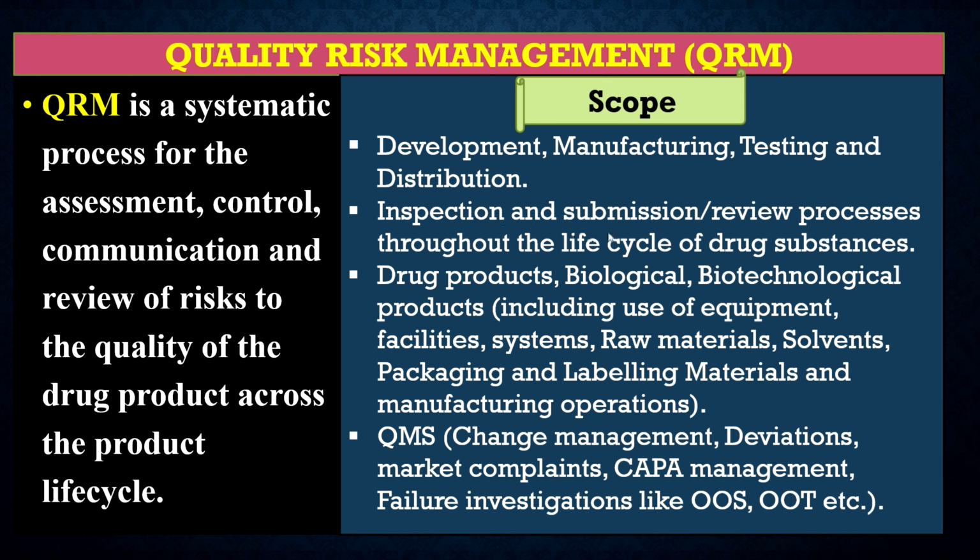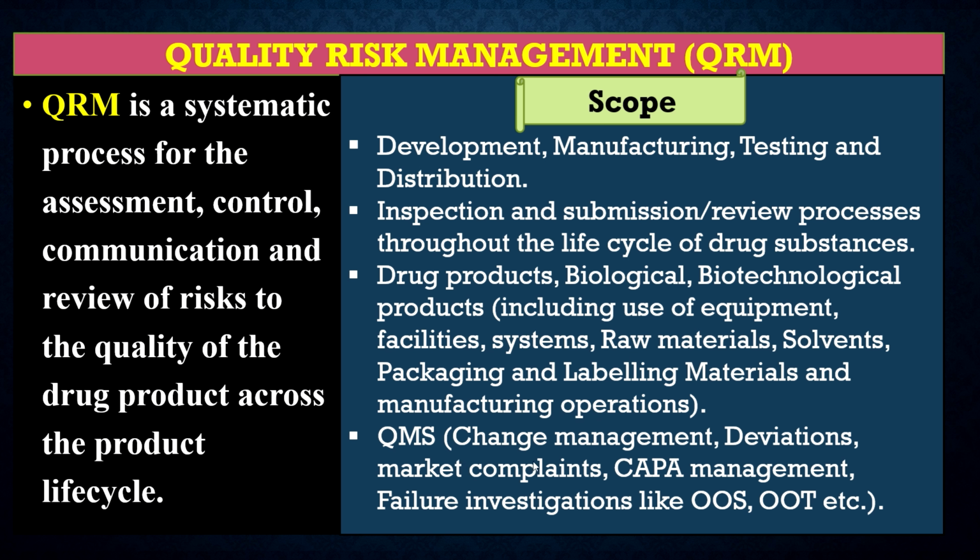And inspection and submission review process throughout the life cycle of the drug substance and drug products, biological and biotechnological products, including use of equipment, facilities, systems, raw materials like solvents, packaging and labeling material, and manufacturing operations. Each and every aspect this is applicable.